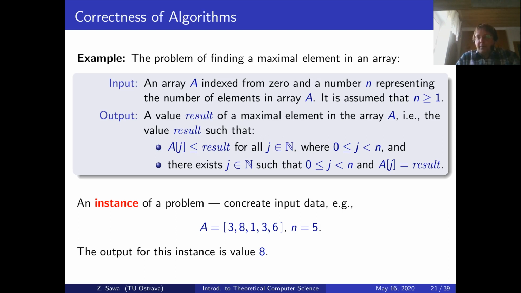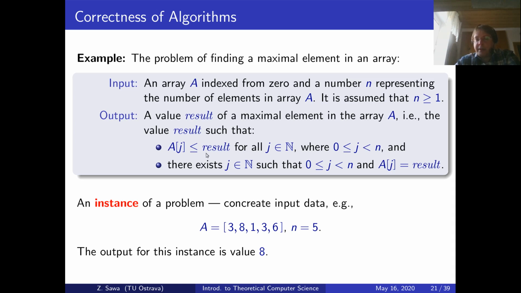Of course, we could just informally say that we want to compute the maximal value in this array, but to describe it in a more precise way, we could say that we want to compute some value result, which will be the maximal element of A. This means that the value result computed by the algorithm should satisfy two conditions.